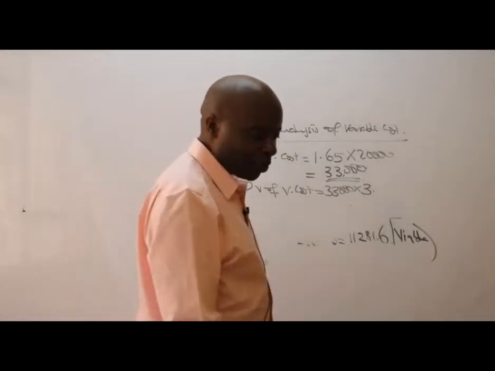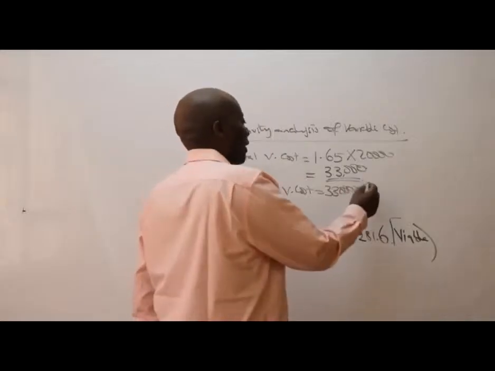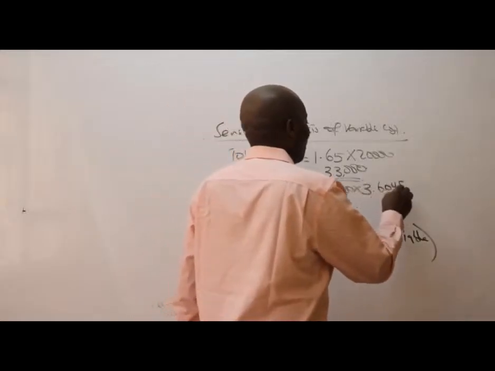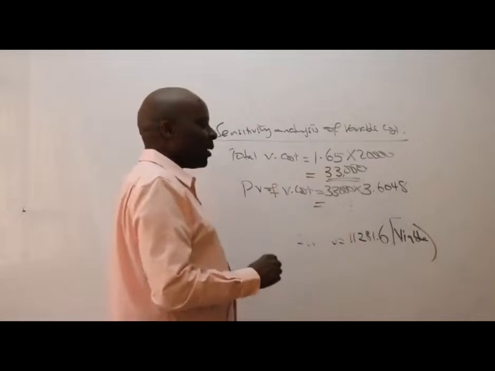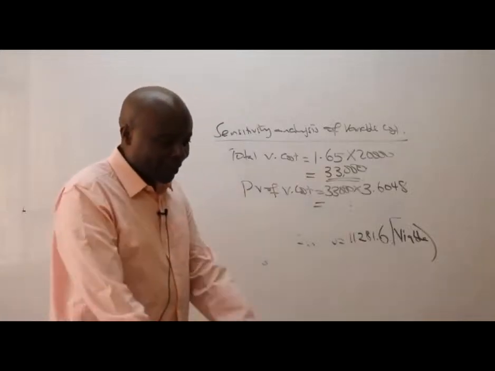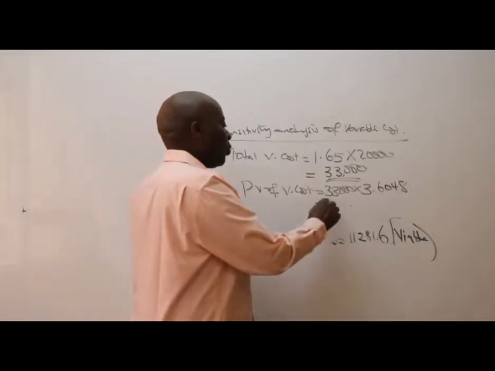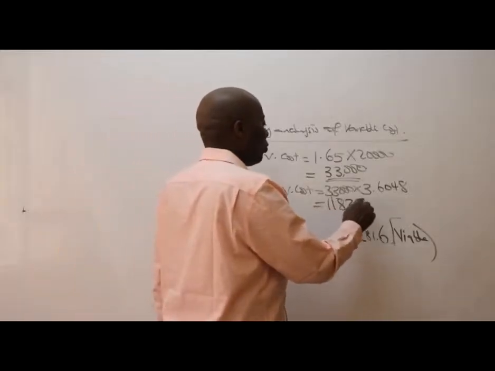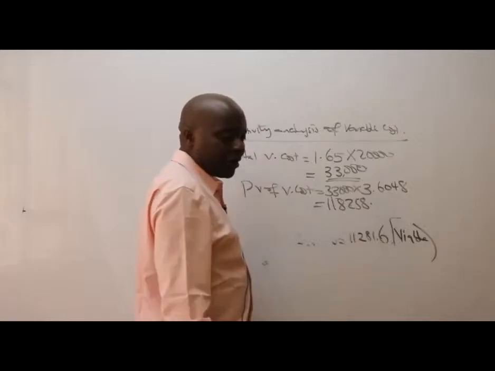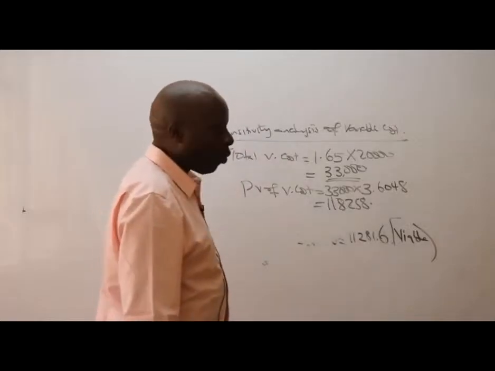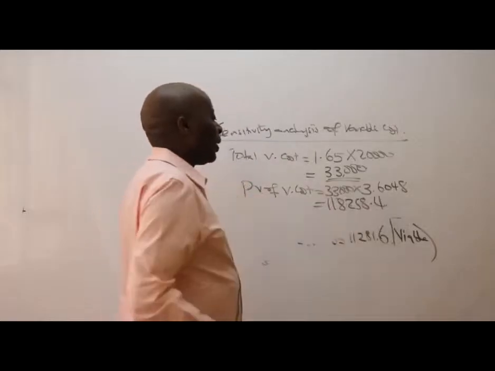PVFA was equal to 3.6048. So then what is this present value of my variable cost? 118,258 by 0.4. Thank you so much.